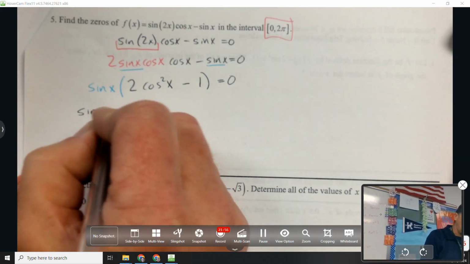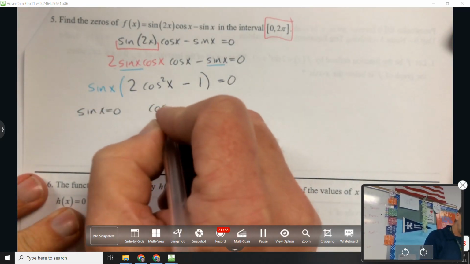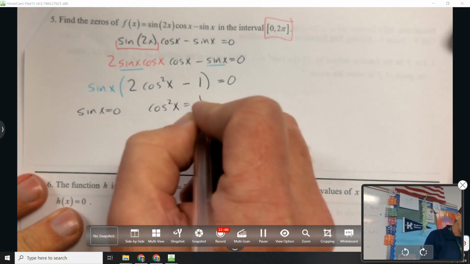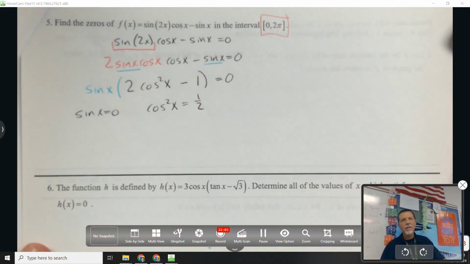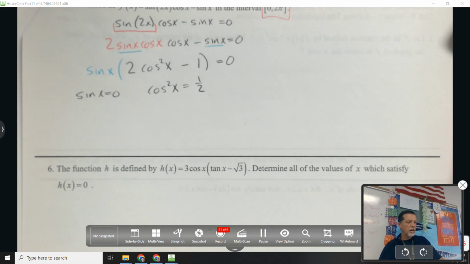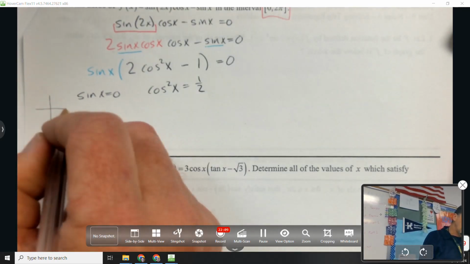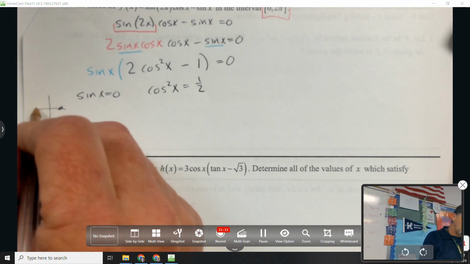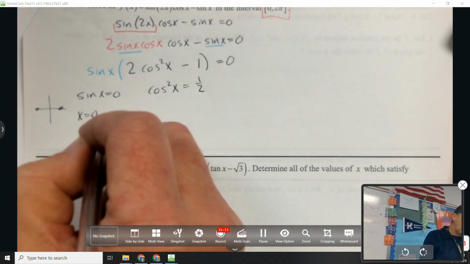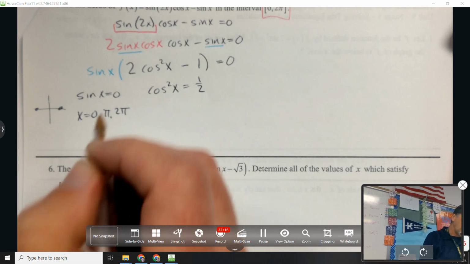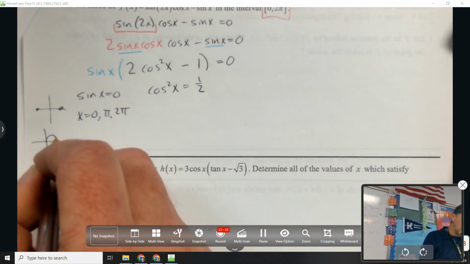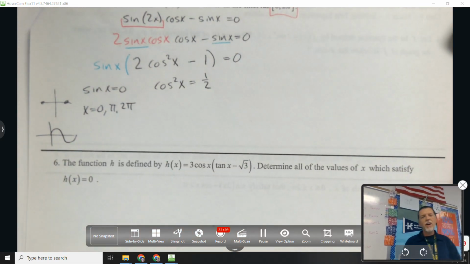So sine of x equals 0. Cosine squared x equals 1/2. Again, skip the step or two in there. So sine is 0 at 0, pi and 2 pi, if you're a graphing person.